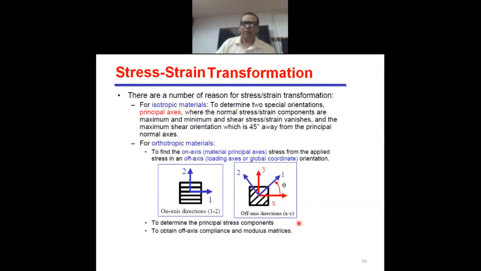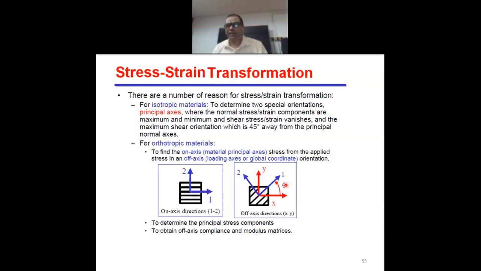Now we move to the next discussion. For example, say this is the x-axis and this is the y-axis, and the fiber alignment makes an angle of theta with x and y. Then we must be careful. If the fiber direction and the x direction are one and the same, then there is no issue.